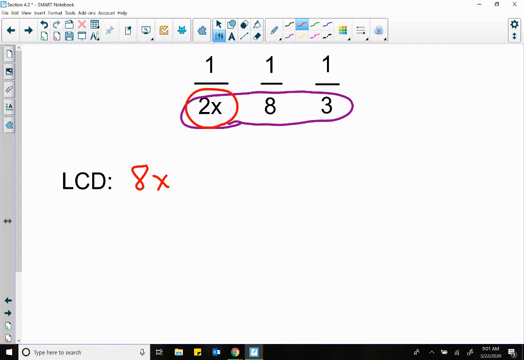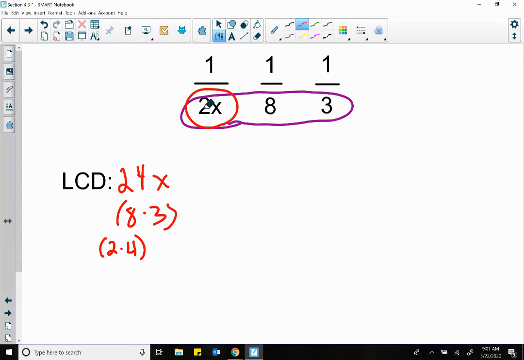Okay. Well, we can come in here and change this 8 to a 24. Reason why? Because 8 times 3 makes 24, right? So there I now have the 3 covered. And I have the 8 covered. And we also know that 8 is made up of 2 times 4.